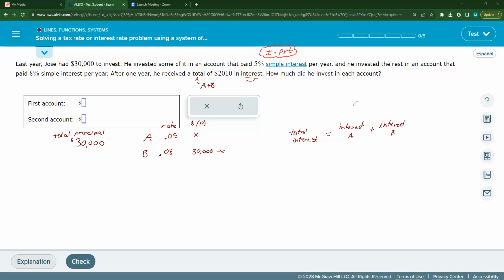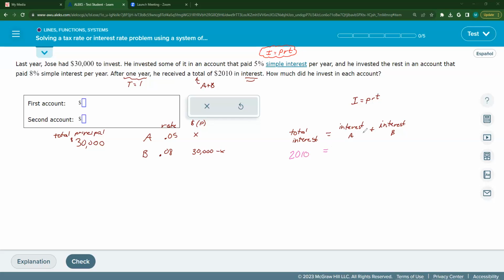And remember, my interest is going to be using that I equals PRT. Now, he's saying after 1 year, that means T equals 1, and 1 doesn't change anything when I'm putting it in a multiplying problem. So I'm really not going to be using it. So total interest from the last sentence tells me I have 2010. So 2010.